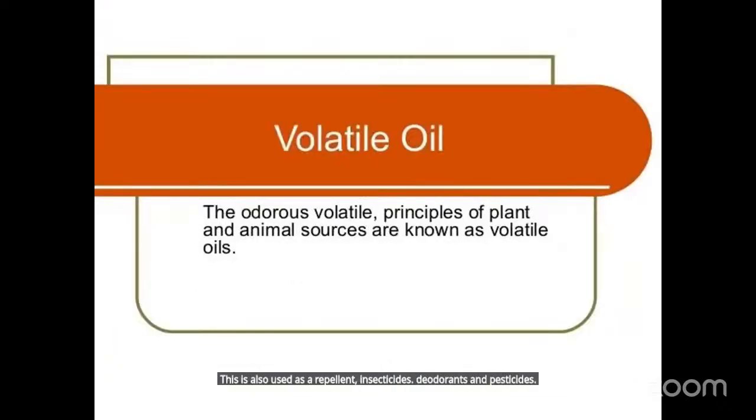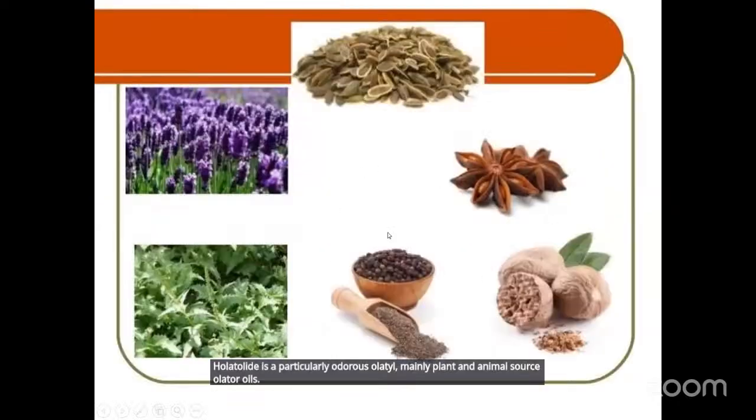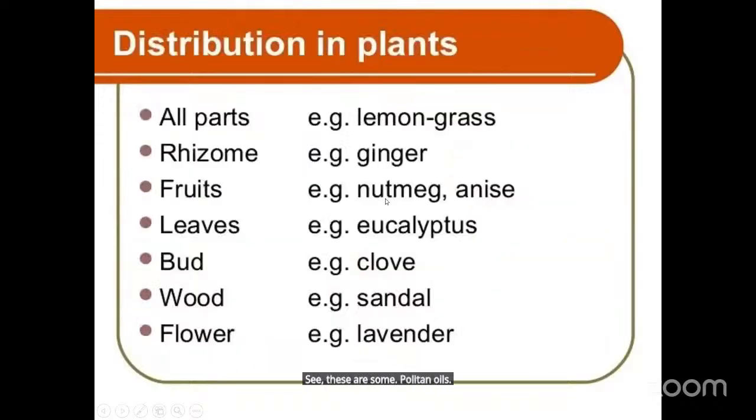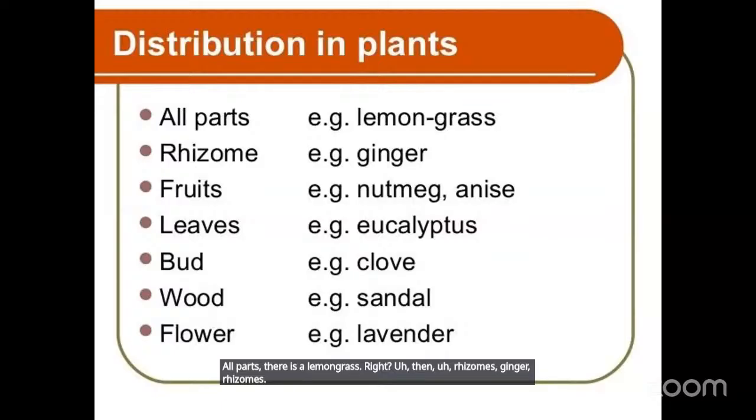Volatile oil is a particularly odorous volatile substance, mainly from plant and animal sources. See, these are some volatile oil crude drugs. All parts, there is lemongrass, right? Then rhizomes, ginger, many more plants we have seen come under the rhizomes. Fruits, nutmeg.